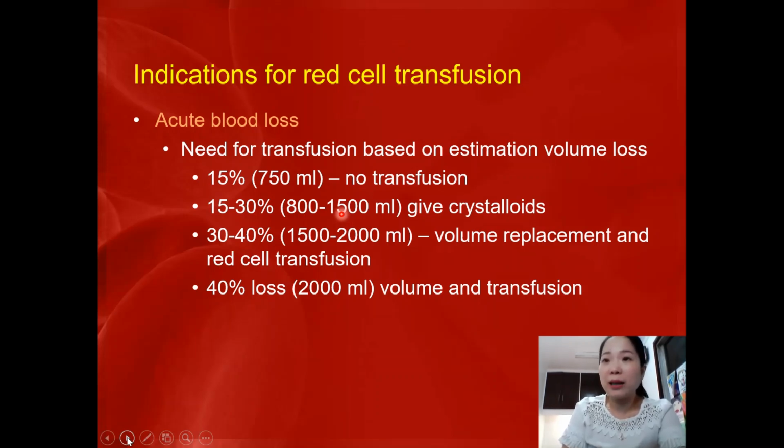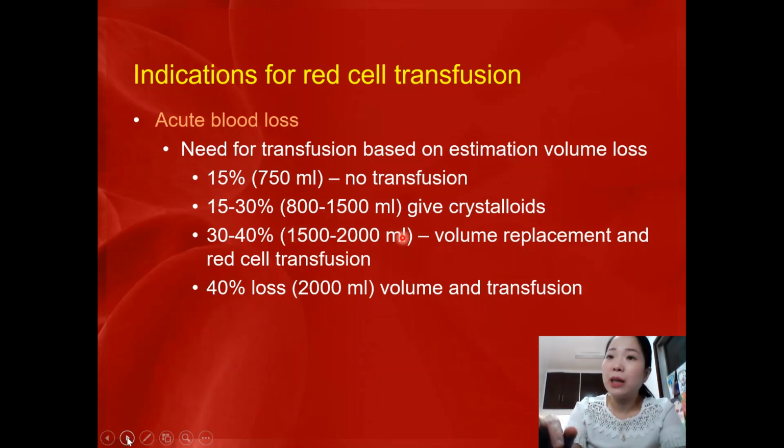But I never had any transfusion. There was no transfusion done because, number one, I had no comorbidities. Remember, if you have a normal bone marrow, the bone marrow will replenish these lost red blood cells.